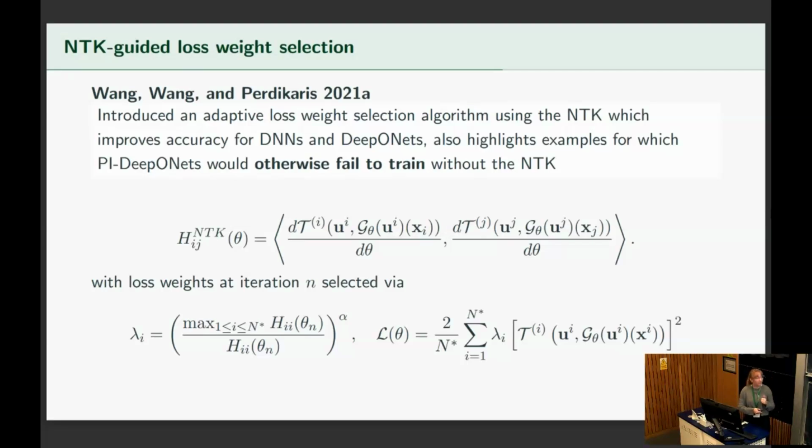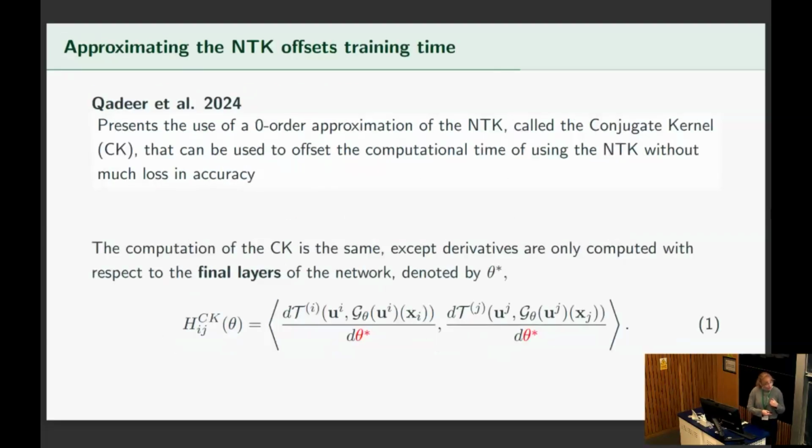And when you're taking a long time to train on GPUs, computational time is something that you need to be very mindful of. And I'm close to out of time, so I'm going to try to go quickly through the rest of these. But my work focuses on the use of a 0th order approximation for the NTK, which is called the conjugate kernel, or I refer to it as the CK.